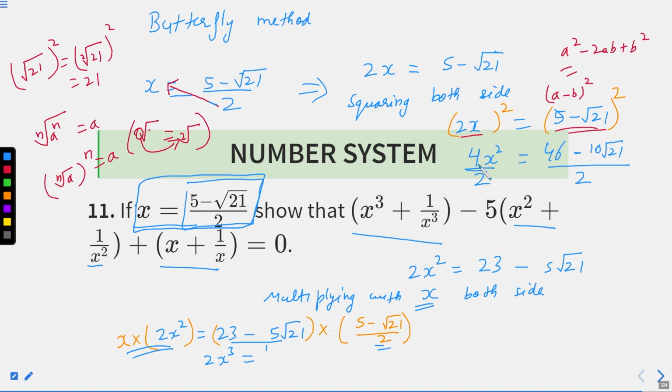It gives me 2x square, and after dividing by 2, this becomes 23 minus 5 root 21. Then again multiplying by x on both sides, we get 2x cube, and here I use the x value, which is 5 minus root 21 by 2.